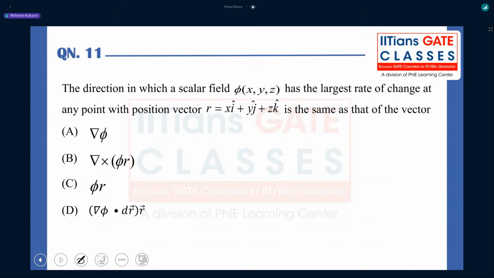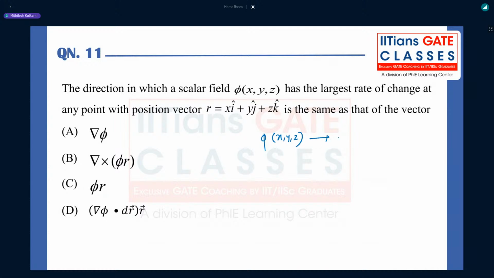So whenever we have a scalar field phi in xyz direction, then the gradient of this scalar will be defined as the largest rate of change. Okay, so the largest rate of change is defined by gradient of phi.